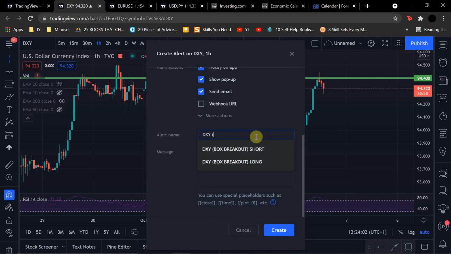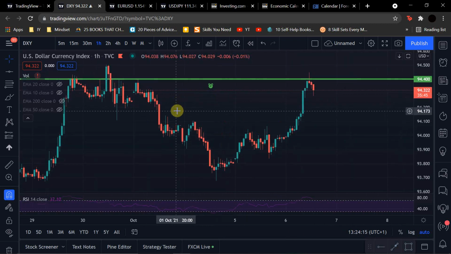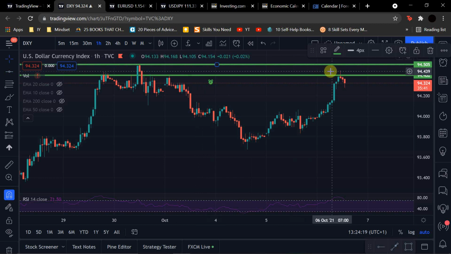DXY long signal. And then, so that'll be on the hour chart. And then I'll do one here, like 4.5.